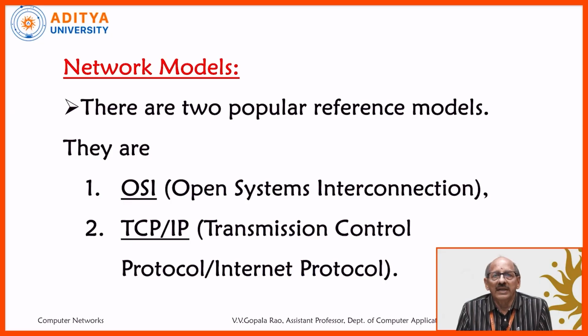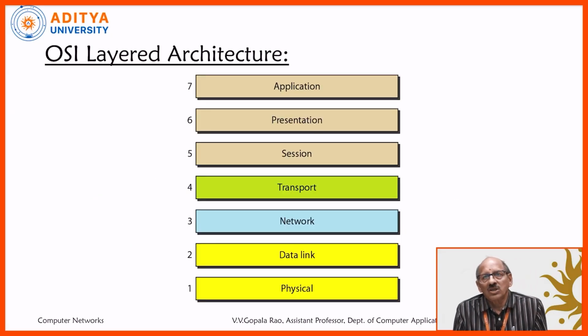With respect to layers and their functionality, the number of layers may be reduced in TCP/IP compared to OSI, but basically the responsibilities and functions meet almost similarly in both cases.